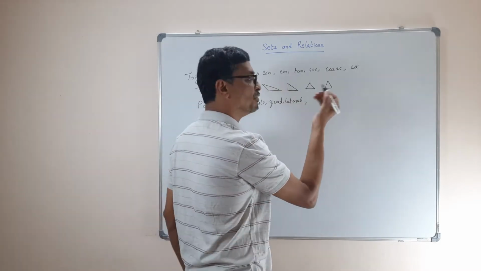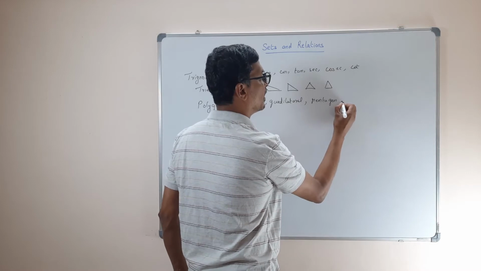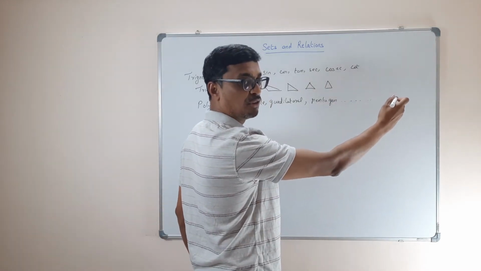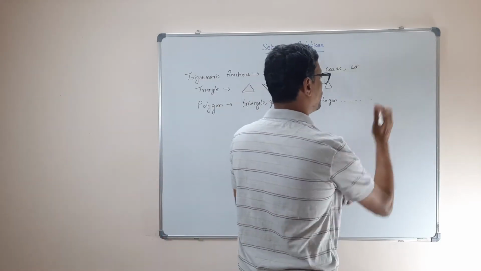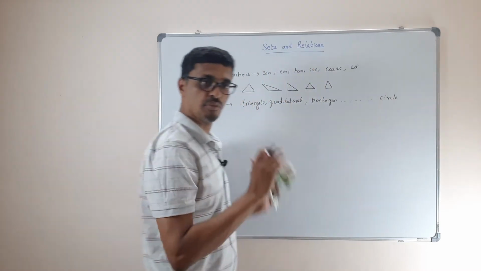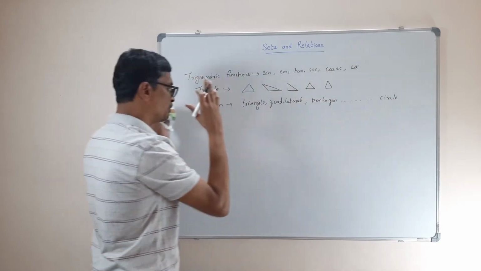Then we have pentagon, and it goes on to infinity. When it has infinite sides, it goes up to a circle. So this is also a collection of objects. We have a name, polygon.